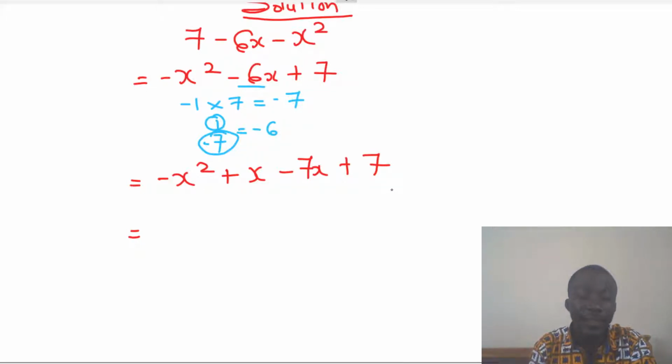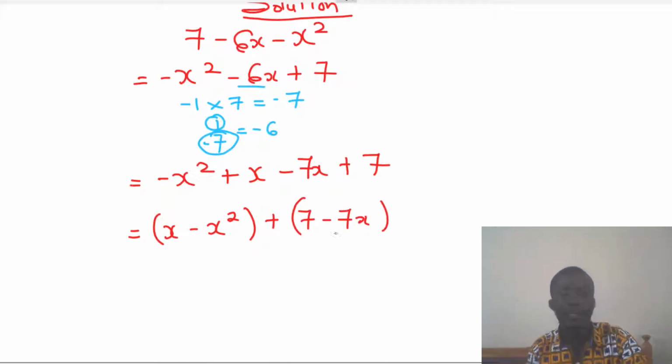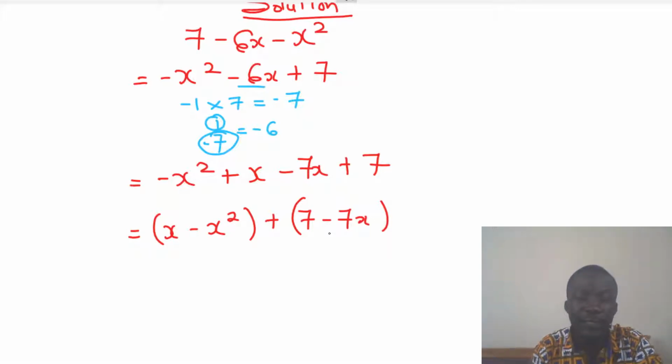But before that, I would like to change the positions first. So as negative x squared plus x, I will change it to x minus x squared. Then I put them in a group like this. Then this one, I will do it plus 7 minus 7x. I'm just getting the negatives inside so that there wouldn't be any complications.